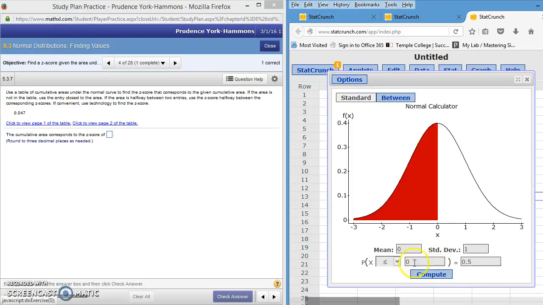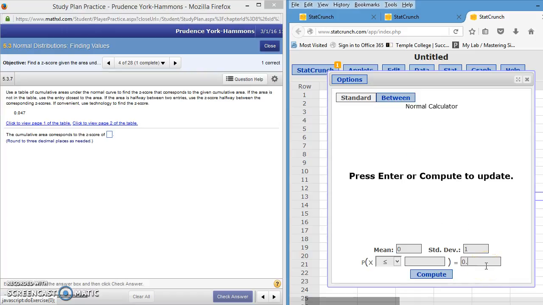It's still a normal one with a mean of 0 and a standard deviation of 1. However, instead of typing in a value for x, we're going to type in the probability. And that's 0.047. And you notice that when I start typing a probability in, the x value box goes blank.